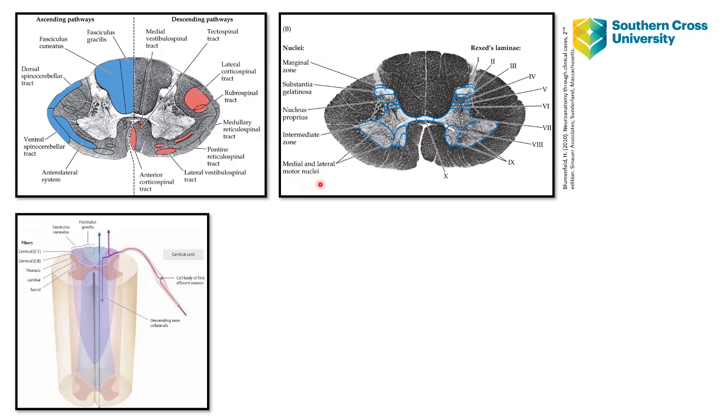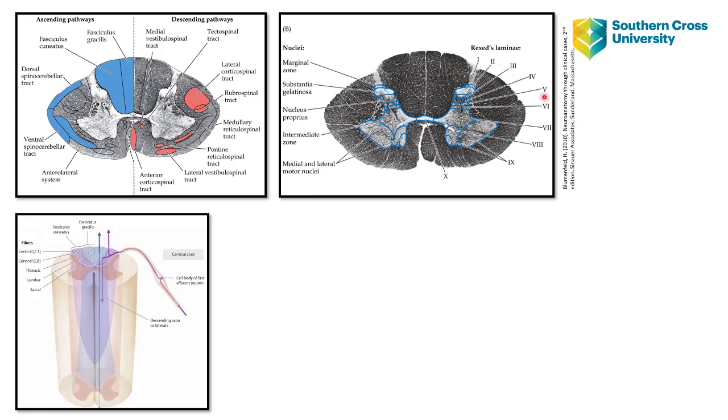What we need to understand is that there are different layers, and within those different layers, different sensory information is being passed on or processed, or there's some sort of interneuron or cell column, whatever it might be. So at this point in time, all we need to understand is that in our Rexed laminae, there's 10 layers.